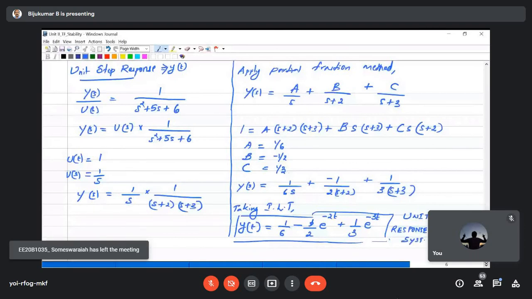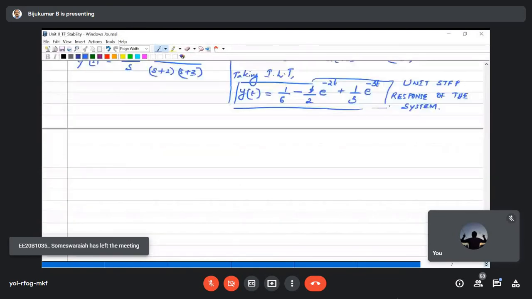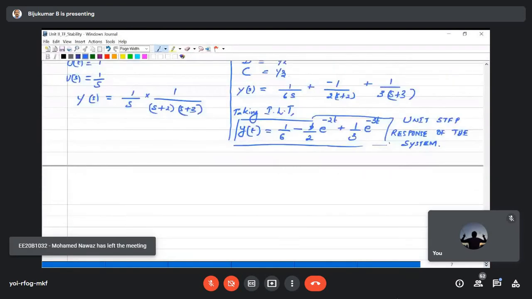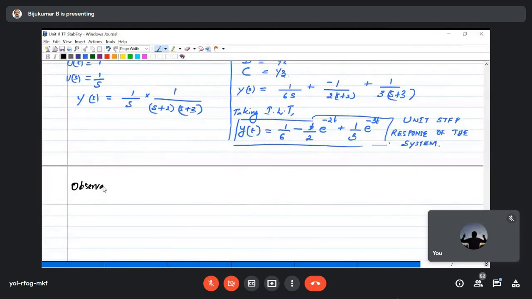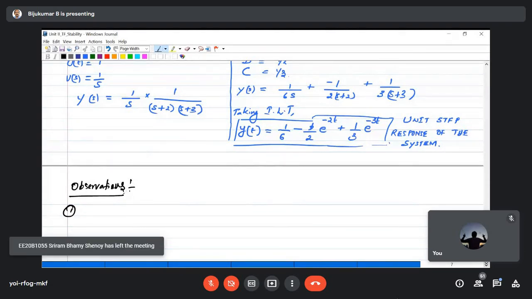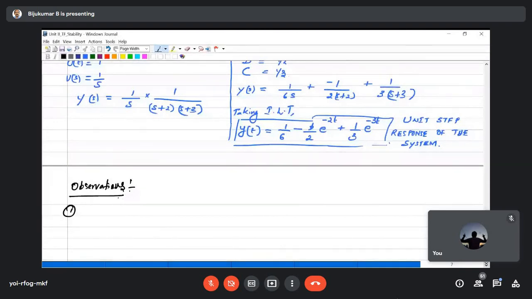Okay. Now we see what the observations are from this result. Can you tell, after seeing this final unit step response, what are the things you have noticed?